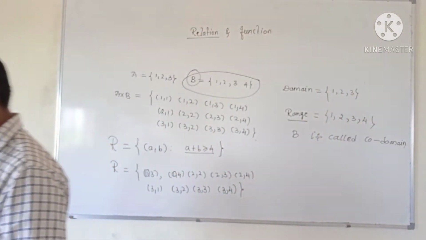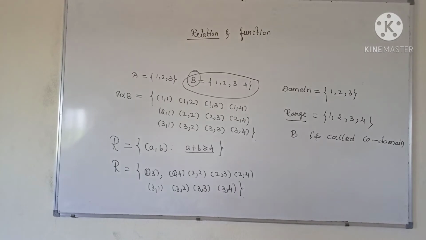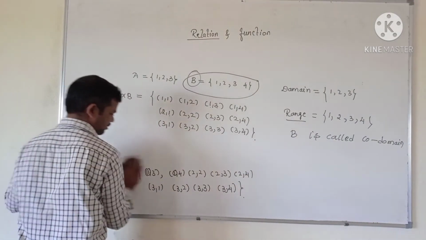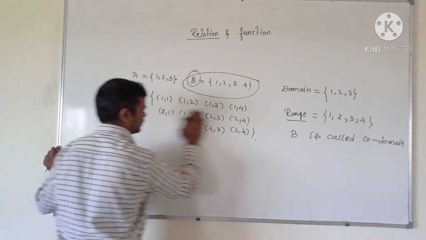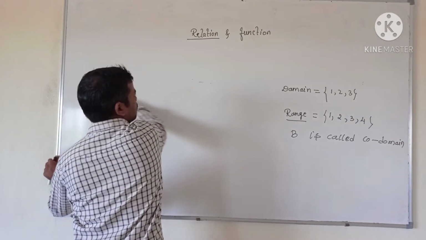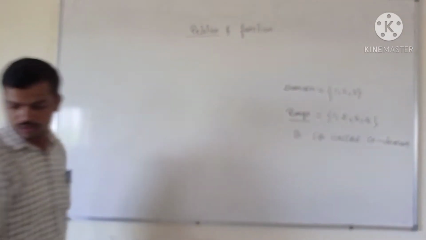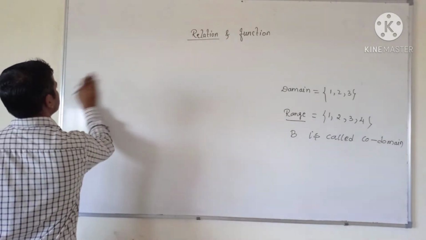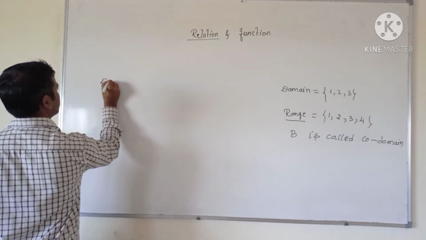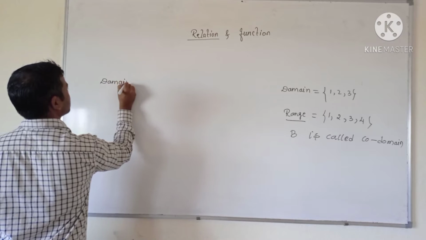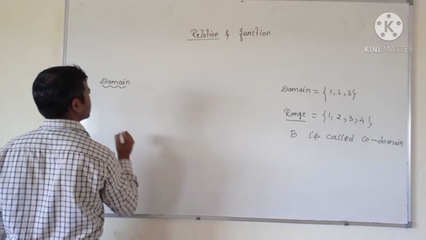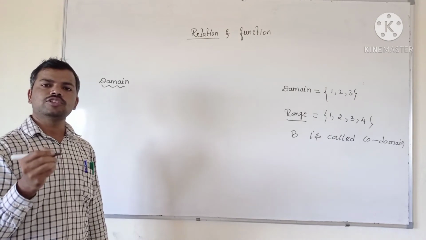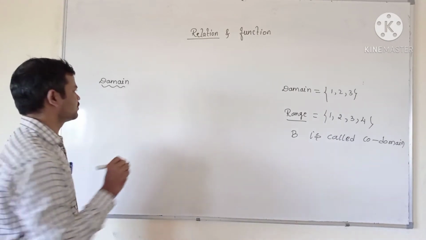So next, take the definition of the domain. So domain is nothing but the set of all the first elements of the relation.